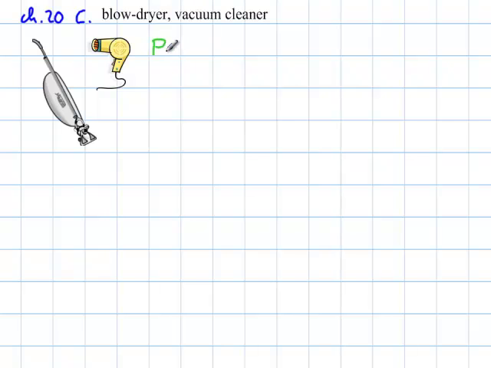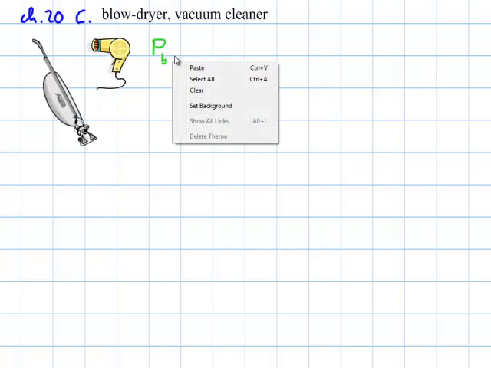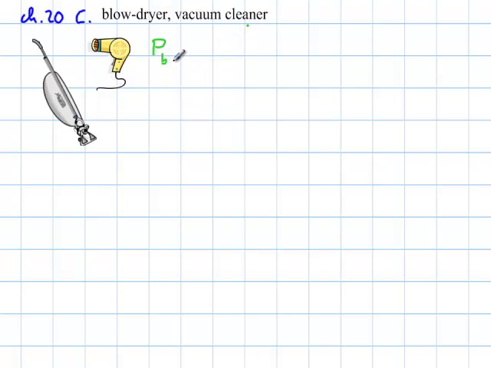So the power for the, let's see, which one was the first one here, blow dryer. Yes, so for the blow dryer, BD, equals electric current times voltage. Both numbers are given in the problem, so just plug them in.